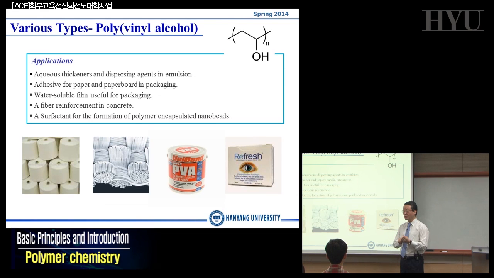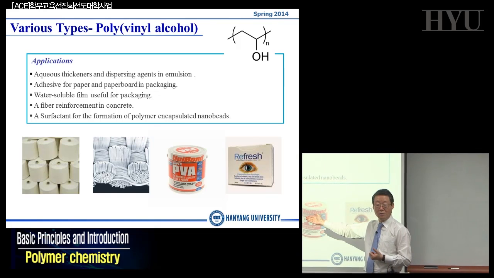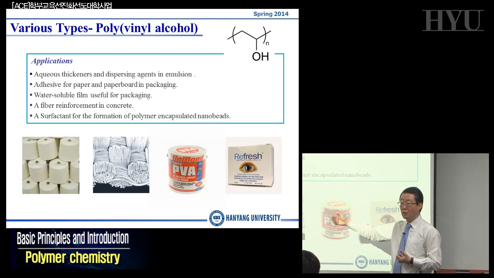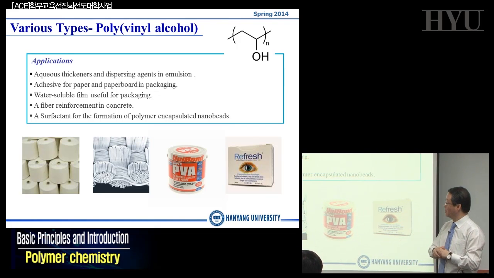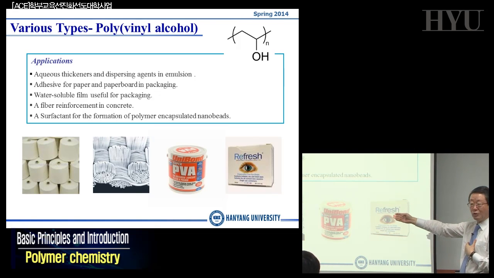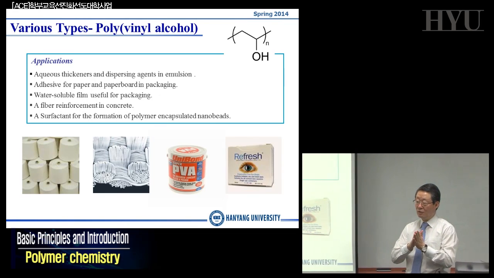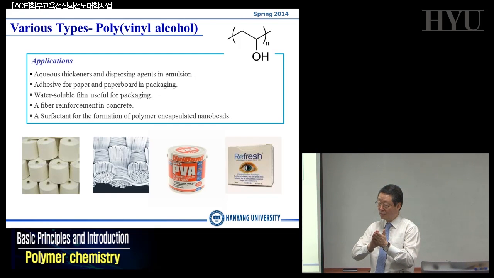It's kind of glue, a kind of glue for the fiber or fabrics. So it's a little different between what you can do. Anyway, in the fiber industry or fabric industry, polyvinyl alcohol is very widely used to keep your fiber in fixed conditions.